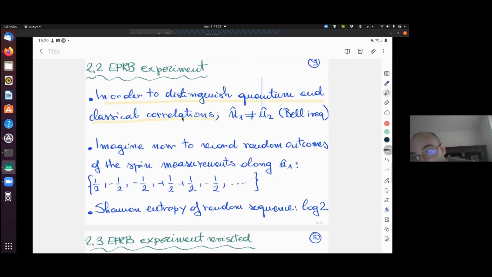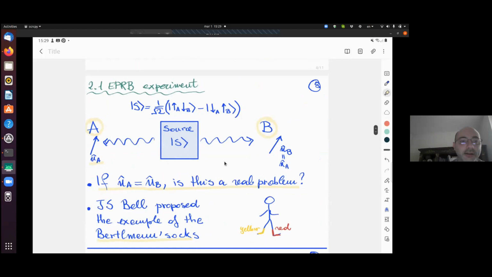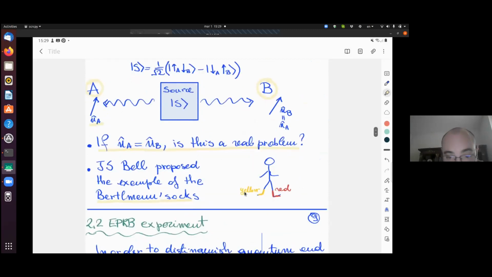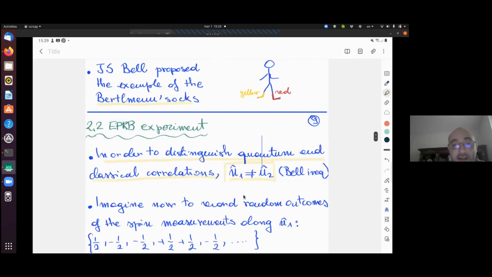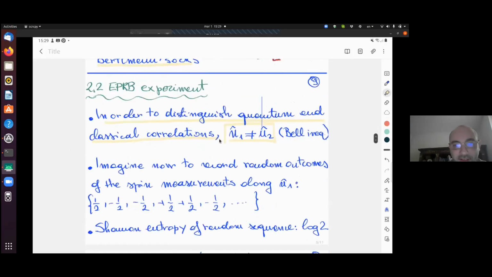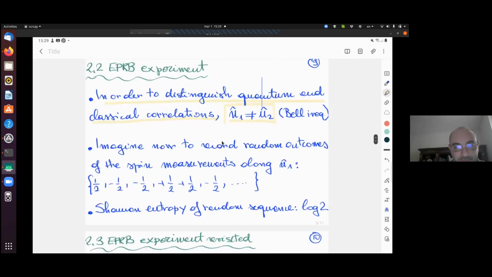To do so, you have to take measurements along different directions. So n_A must be different from n_B in order to avoid this essentially fake phenomenon, which we can call a Bertlmann-sock type of correlation.